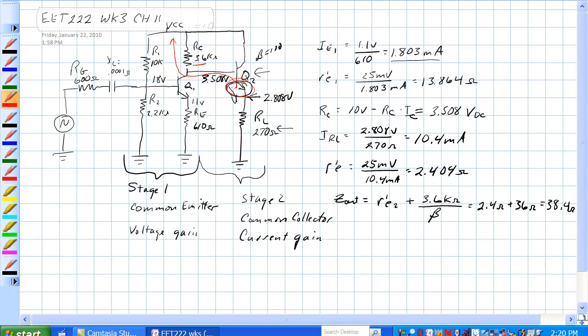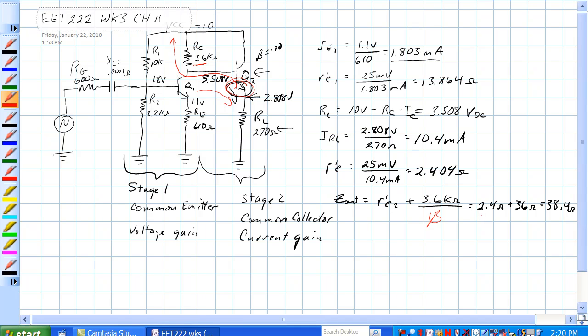Notice this 3.6k ohms is after the transistor. So after the transistor, you divide by beta here instead of multiplying by beta, as we were when we looked into it this way.